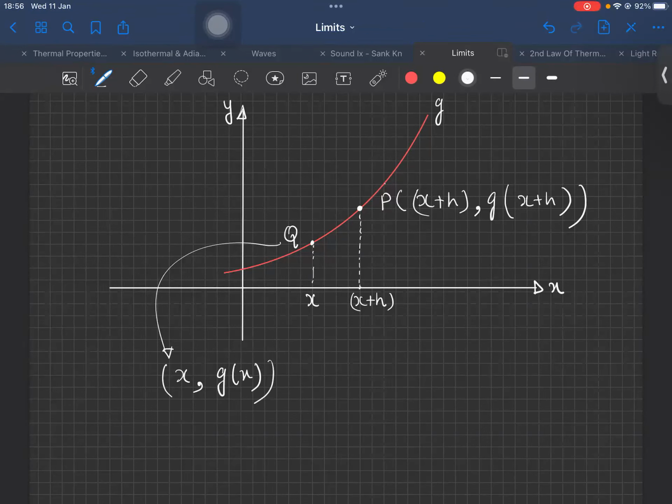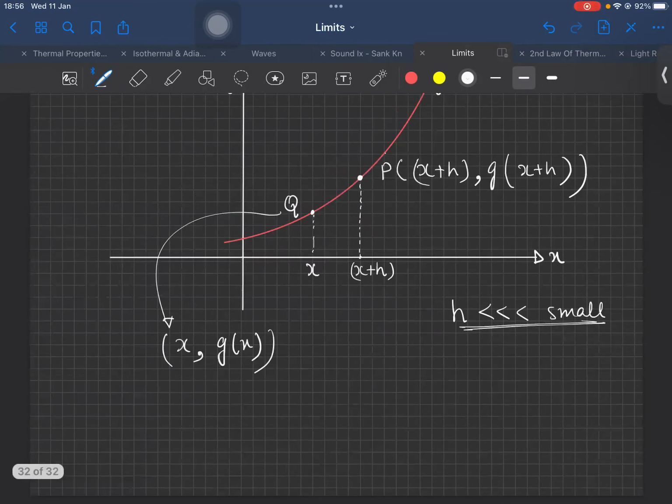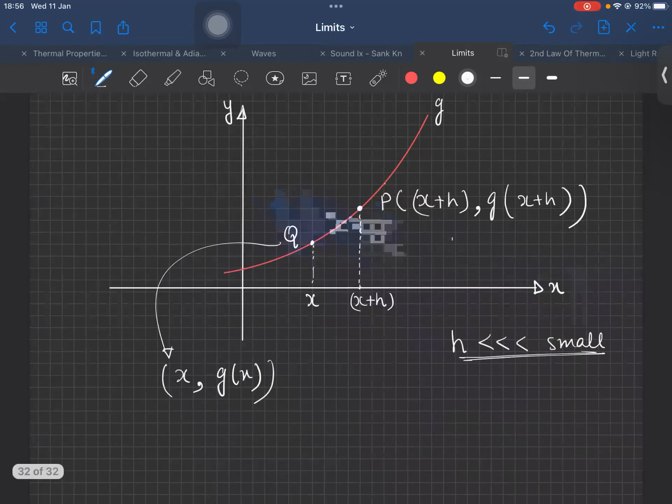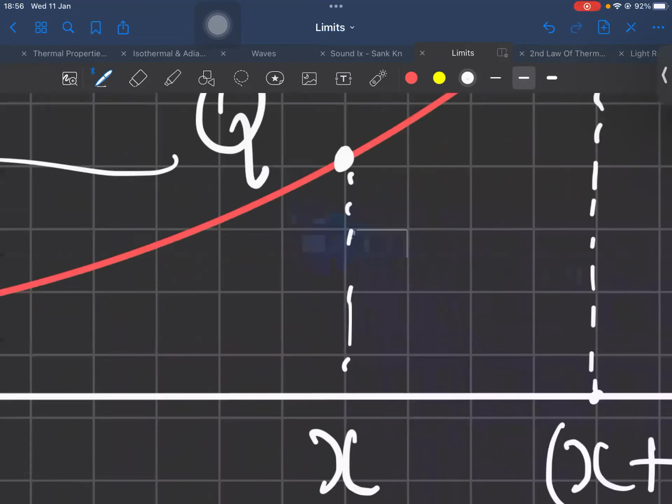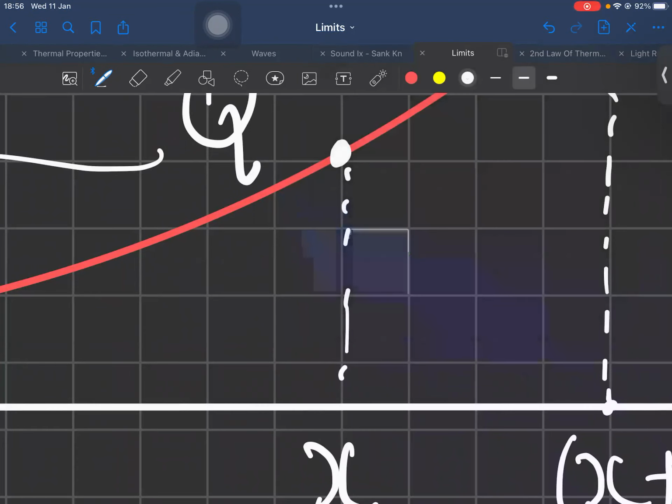You have to understand, h is a really small number. h is very, very small, infinitesimally small, that's how we define h. Now suppose we zoom in and h is even smaller than this.